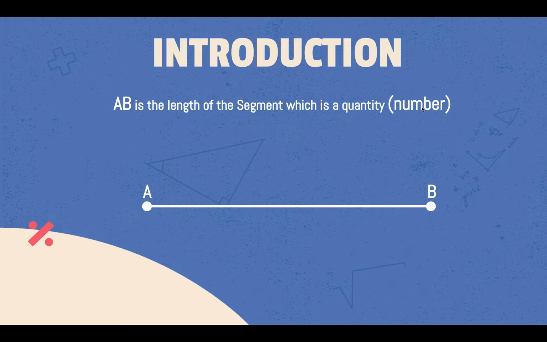Remember that this is a number. Whereas if you have this notation, segment AB, that is talking about the line segment AB, which is a shape, not a number. So AB is a number and segment AB is a shape.